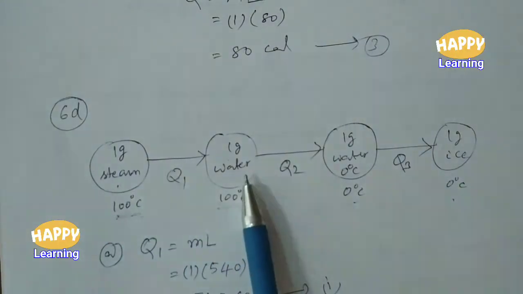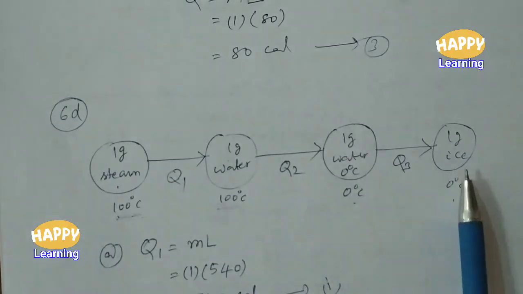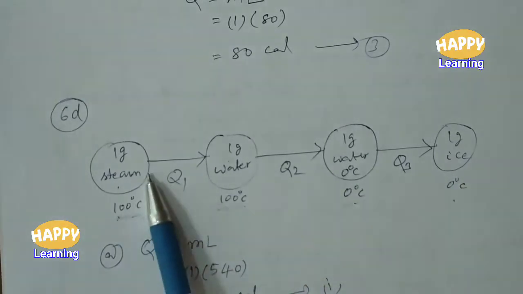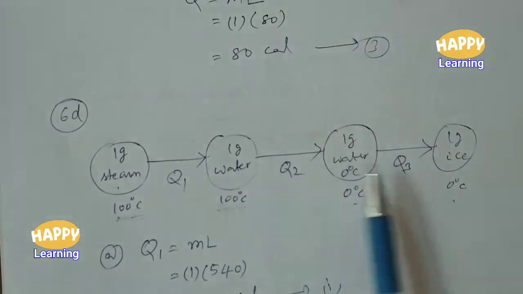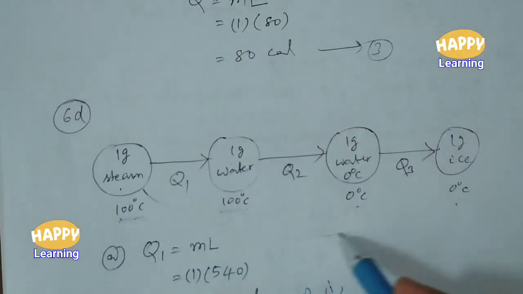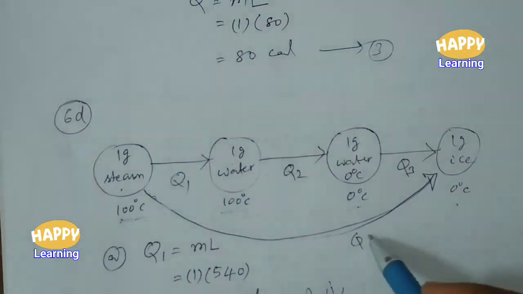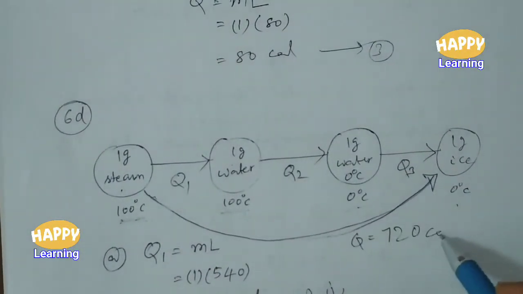First it is converted to water, then to water at 0 degree Celsius, then to ice at 0 degree Celsius. So for this case it is Q1, this is Q2, and this is Q3. So this total Q equal to 720 calories.